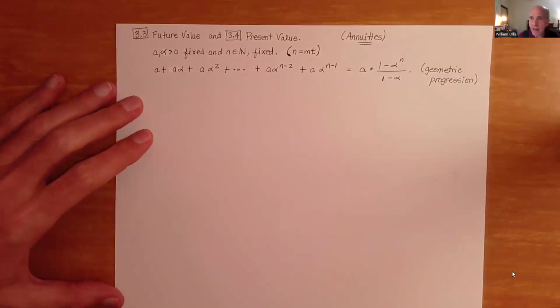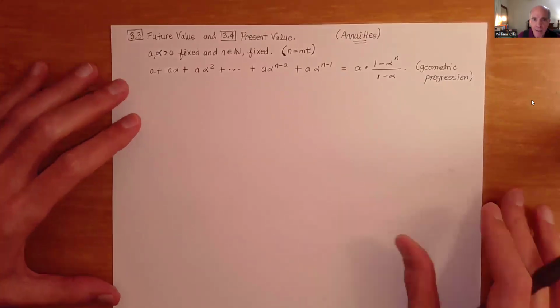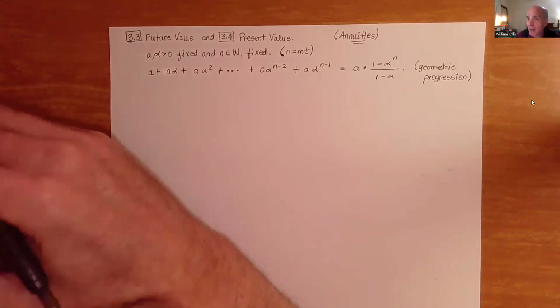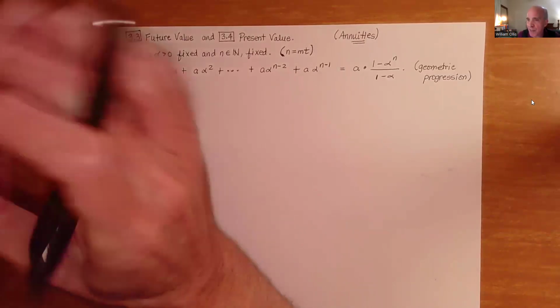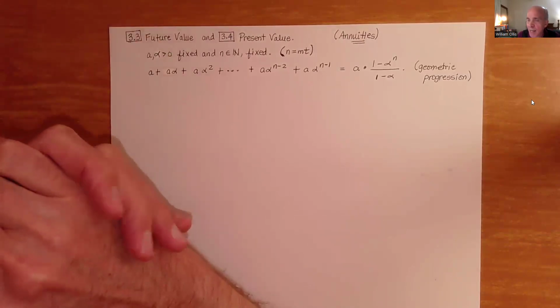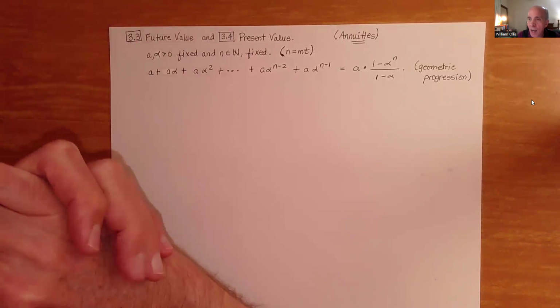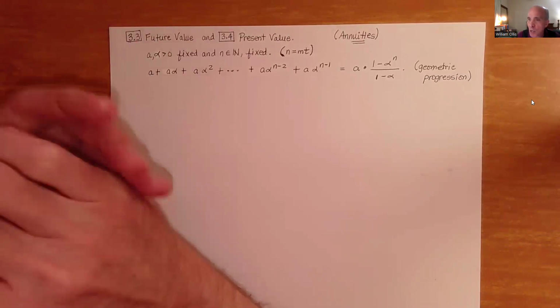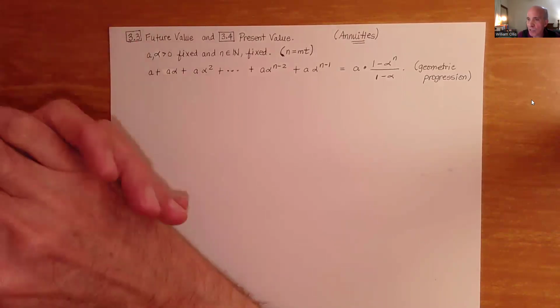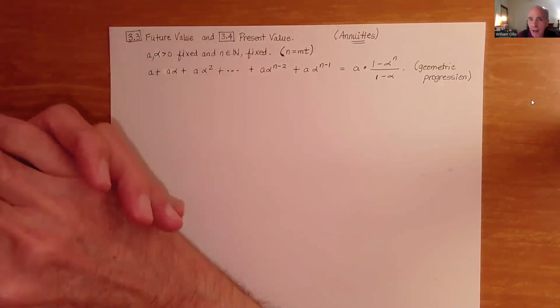Now, as I've said before, sometimes we like to use letters that we haven't used before just to keep everything very clear. In class, I used an A and a lowercase r in my derivation of the geometric progression because at that point I was just looking to get a formula.